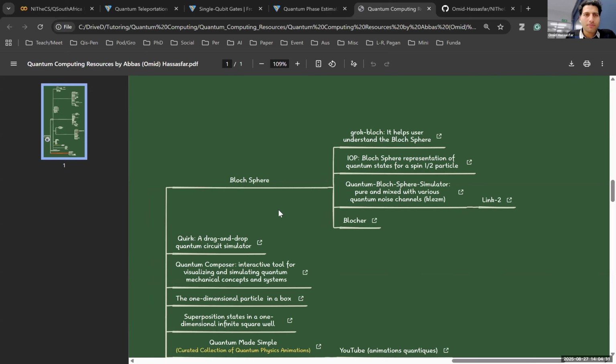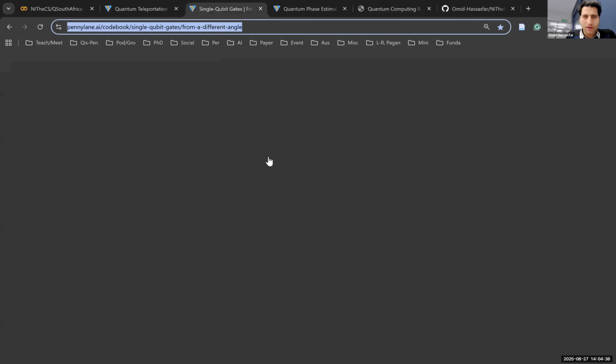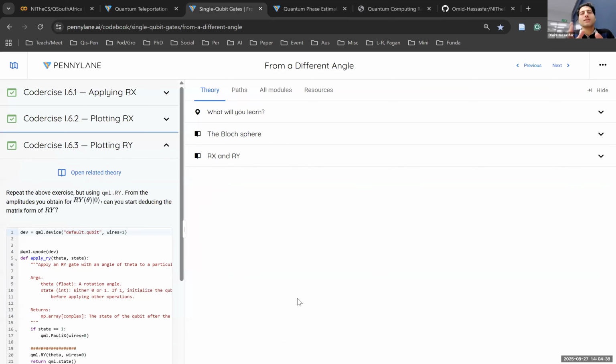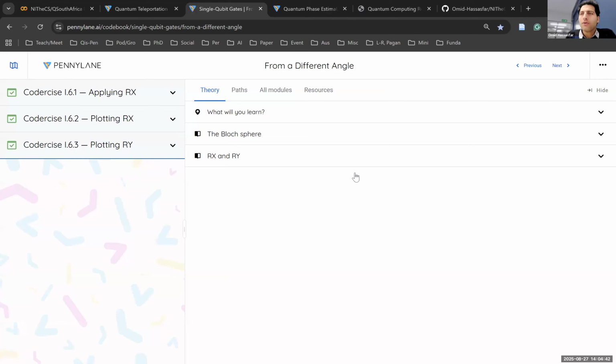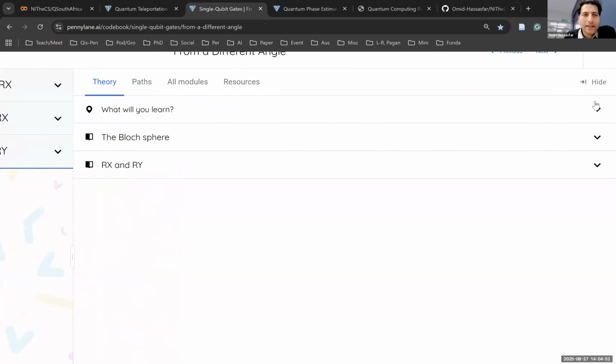Before jumping to this one, there is a single section here about the Bloch sphere, but because we cannot see the Bloch sphere here, I'm going to use those tools. Let's quickly review this part, which is from a different angle. Here we have the concept.